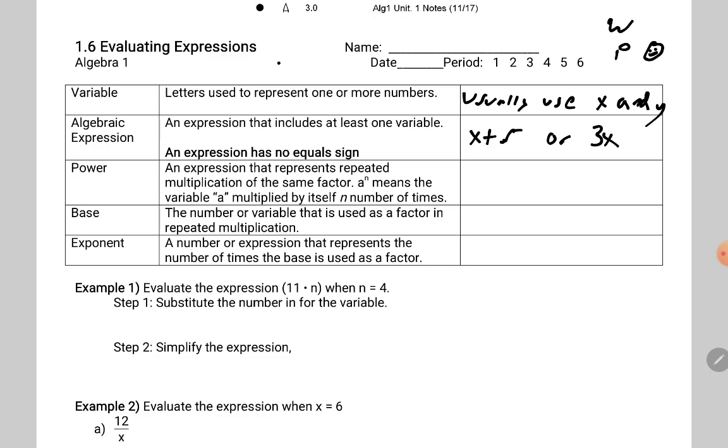Power. So hopefully this is review, but I'm going to go over it. We're looking at an exponent. So let's call this a to the nth power.